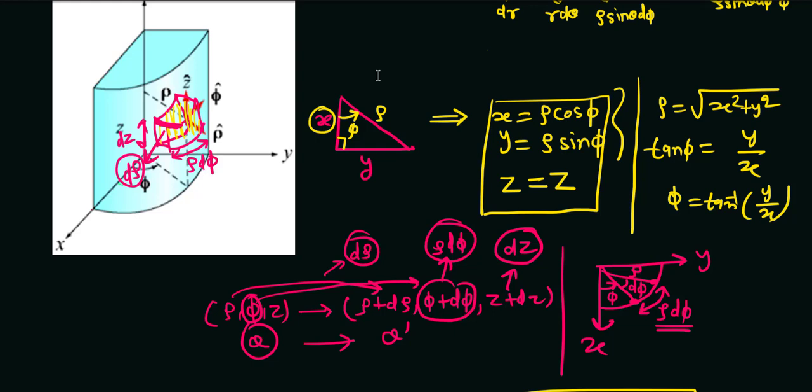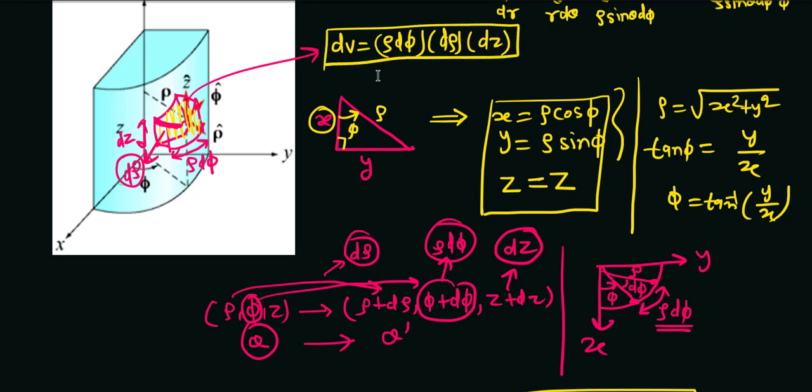These lengths are very small, so you can consider this as a rectangular prism. So the volume dV would be given by the product of the three lengths: rho d phi multiplied by d rho multiplied by dz. So this would be the volume of the volume element.